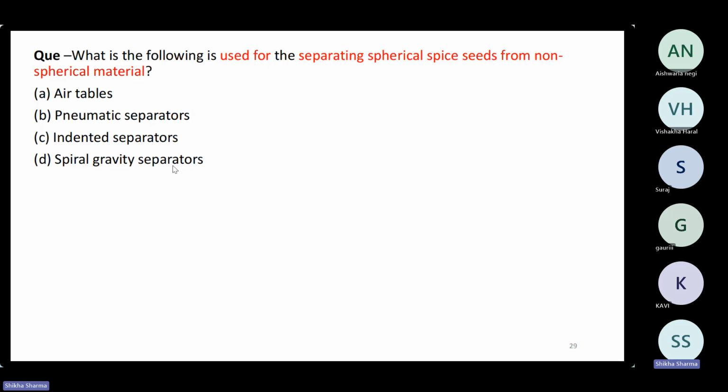Option C, Kavi. Vishakha says D. Okay, we have two answers, C and D. So let's see which one is correct.